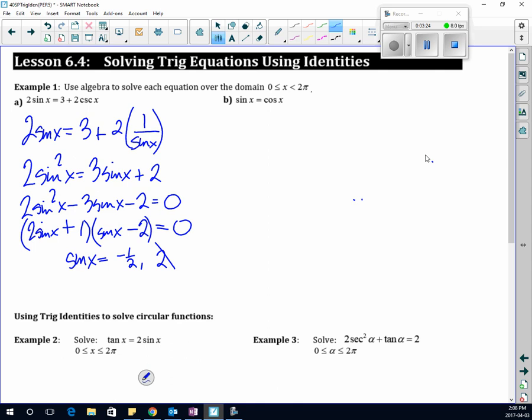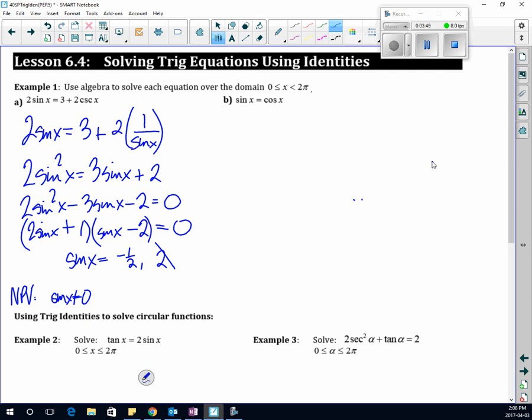Okay, so our non-permissible values, by the way, do you remember what non-permissible values is? That's what x cannot equal. Anytime you have a denominator, which we do in this case right here, that means sine x cannot equal 0. It doesn't ask you to do this. You have to know to do this, because I might be rejecting something based on that.